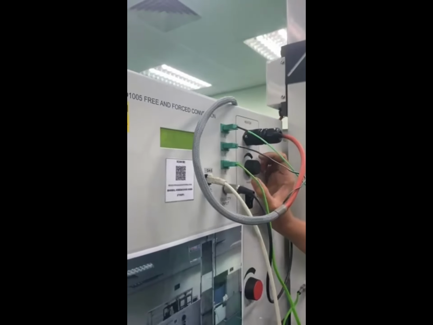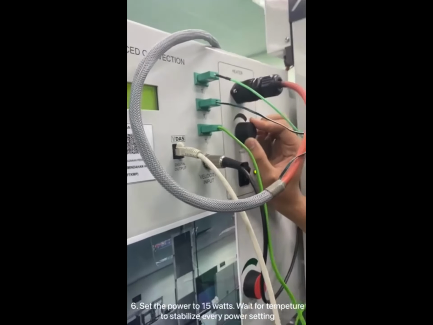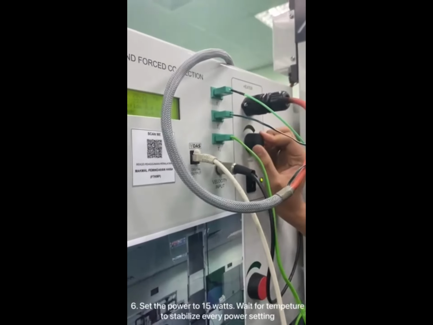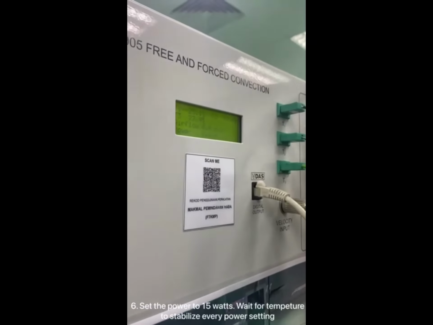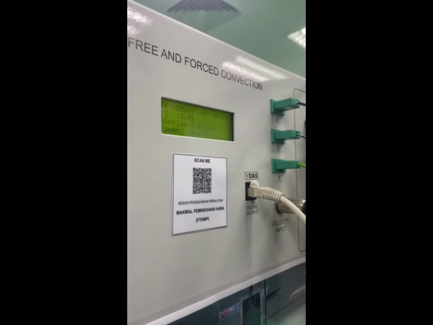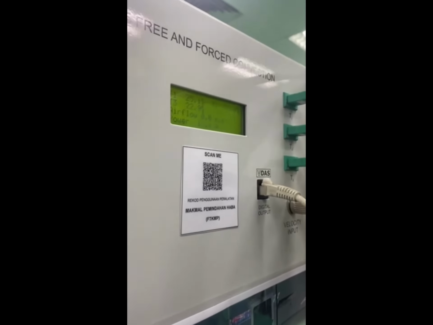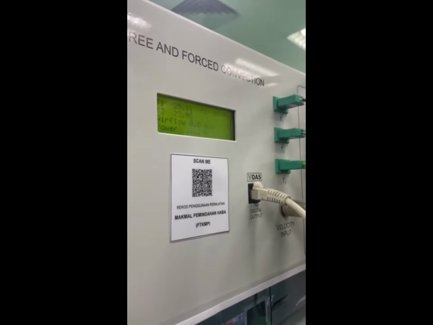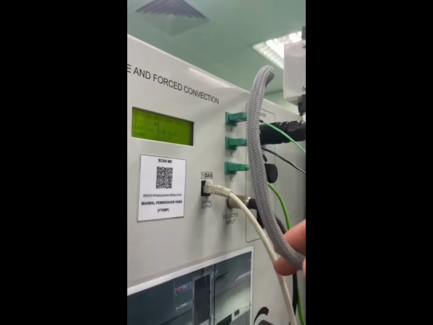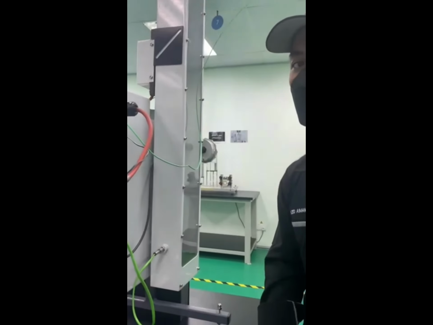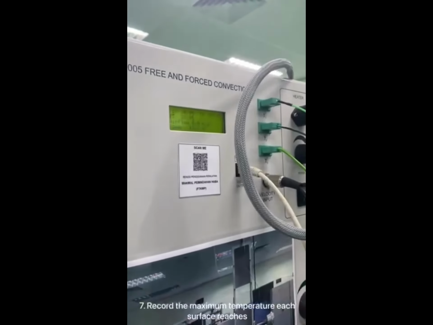Then set the power, 15. Okay. Then record temperature 1, temperature 10, temperature 2 in the lab sheet.